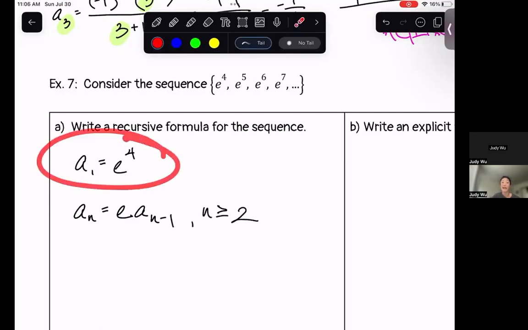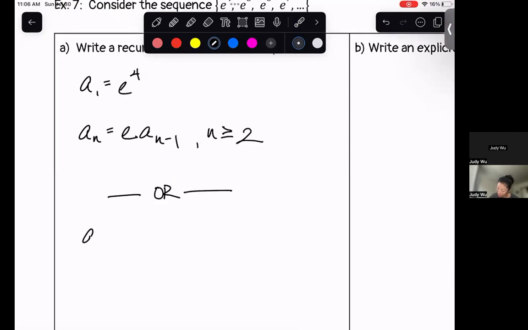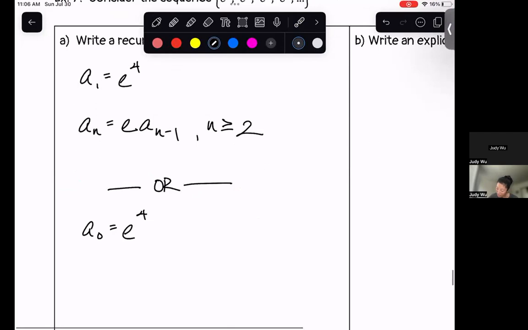Because I already have a sub 1, I have to start with a sub 2 in the formula. Okay. Or if you want to start with 0, you can say a sub 0 equals e to the 4th, and then a sub n equals e times a sub n minus 1, where n is greater than or equal to 1.